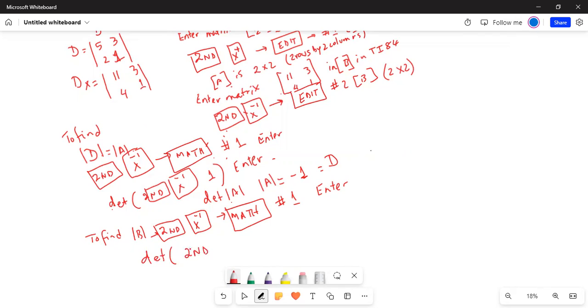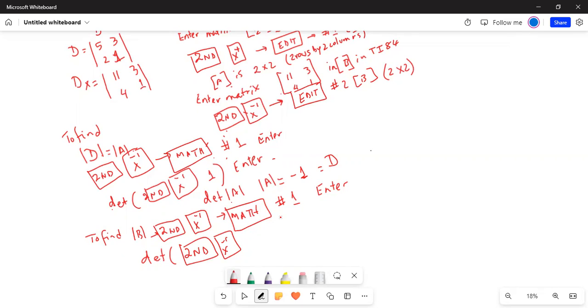Inside, press the second button, then the x minus 1 button, then number 2.